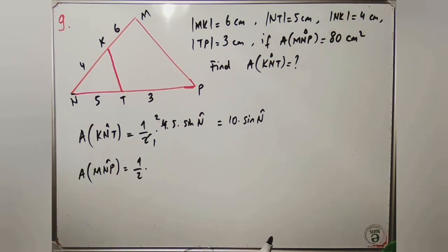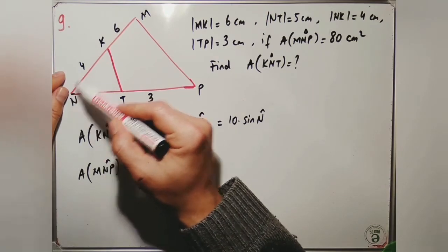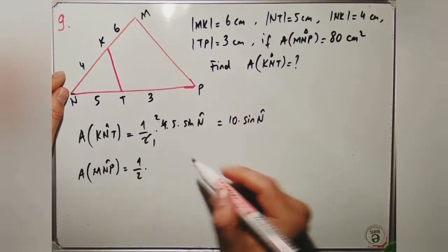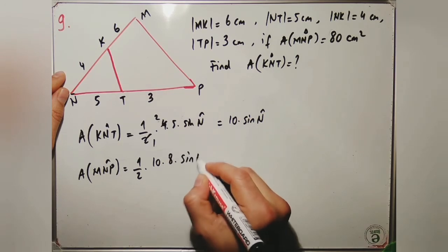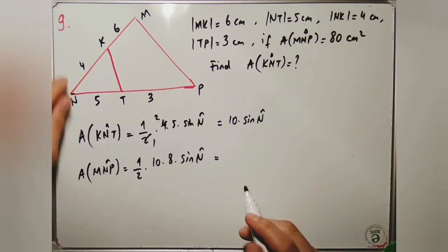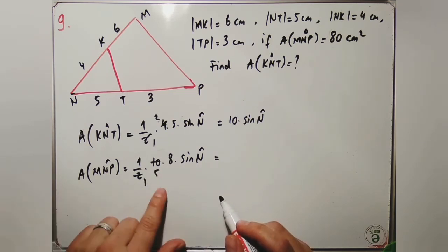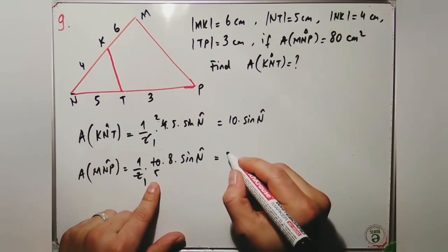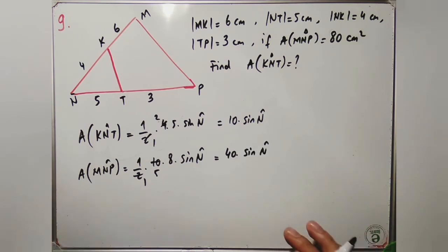Again, we will use the sine theorem here. 1 over 2 times the length of MN times NP, as 10 times 8, times sine N degrees is equal to, 1 and 5, we can simplify by 2. 5 times 8 is 40 times sine N degrees.